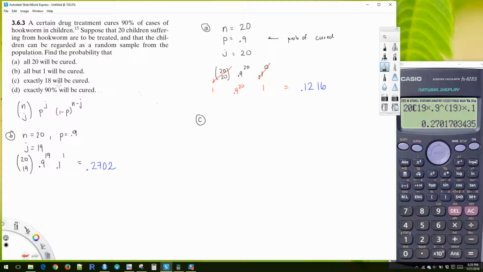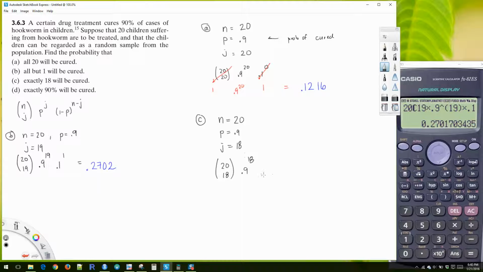Okay, with part C, it says exactly 18 will be cured. So in this case, we've got n is equal to 20, p is equal to 0.9, and j is equal to 18. Just plugging into our formula, 20 choose 18, the probability of a success, 0.9, has to happen 18 times.